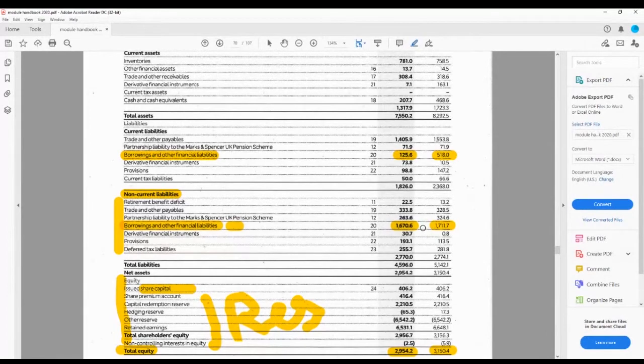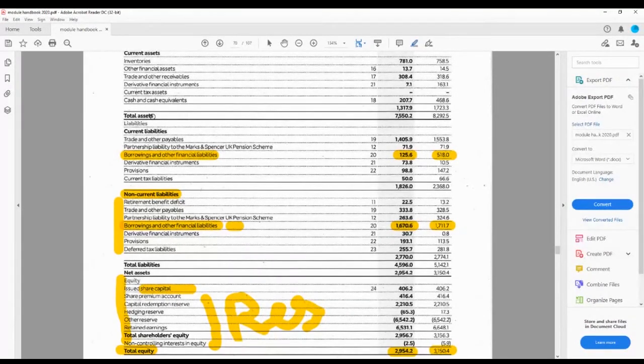Long-term borrowings are taken to be invested in non-current assets. So even though some of that borrowing sits in the current liabilities, because those borrowings were used to finance non-current assets, they should be used in ROCE.